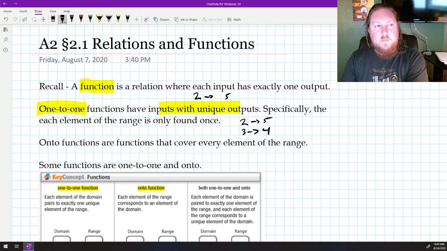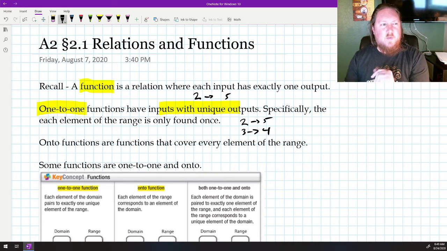That means 5 and 4 are never going to be used again by any other number. If I got a 4, I know the input was 3. So it's kind of like a function but in reverse. An important thing to note is maybe there's no number that goes to 6 in the range. Like 1 doesn't go to 6.